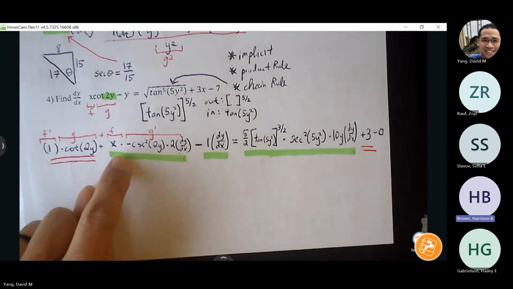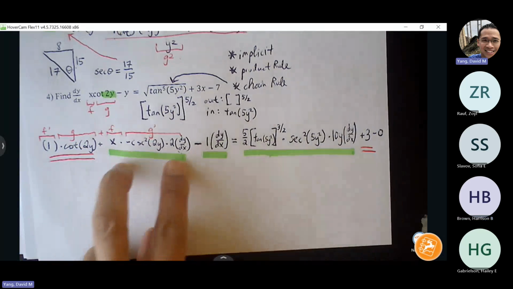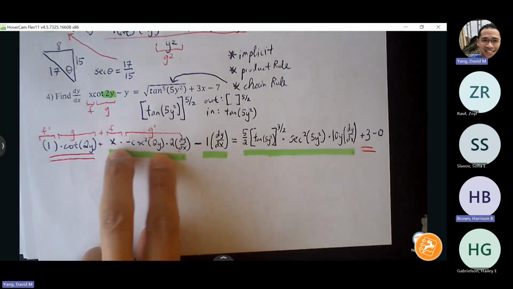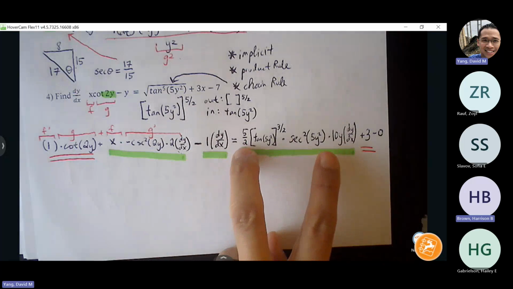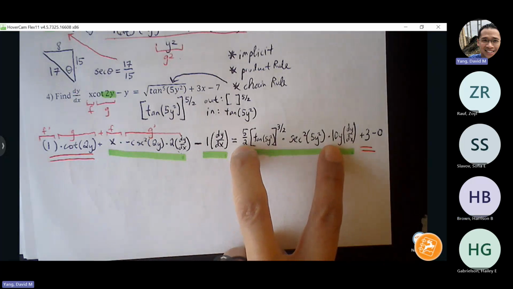So here, in terms of cleanup, I'm just going to pull the 2, the x, and negative in front. Here, I'm going to multiply the 5/2 and the 10y to make it 25y.